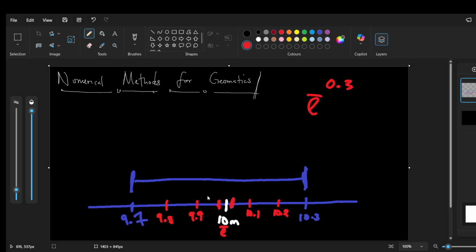What value is here? Just hold on. So let's say 9.97. So 10.03 and 9.97 there somewhere.